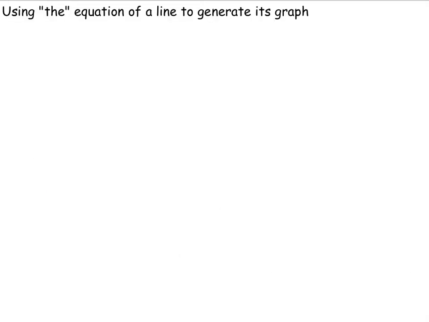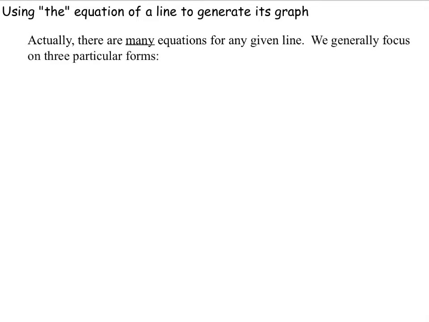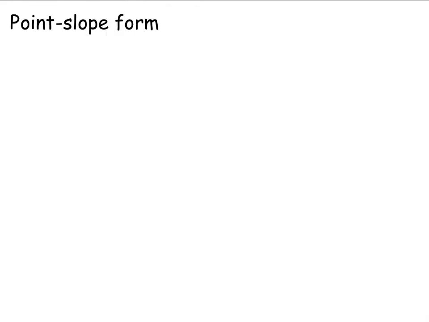Often we are instructed to use the equation of a line to construct its graph. Luckily, it's fairly straightforward. Actually, there are many equations for any given line. We generally focus on 3 particular forms: point-slope form, slope-intercept form, and standard form. Point-slope form.